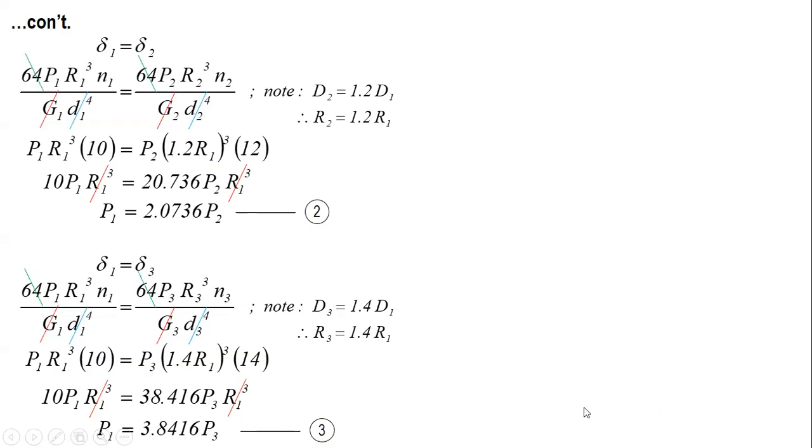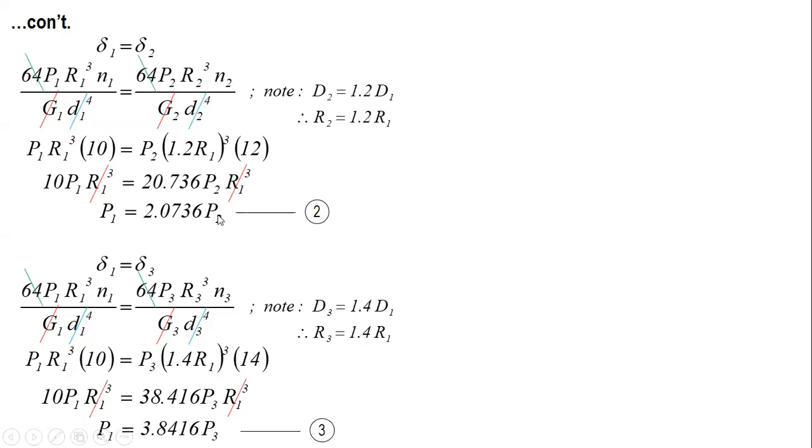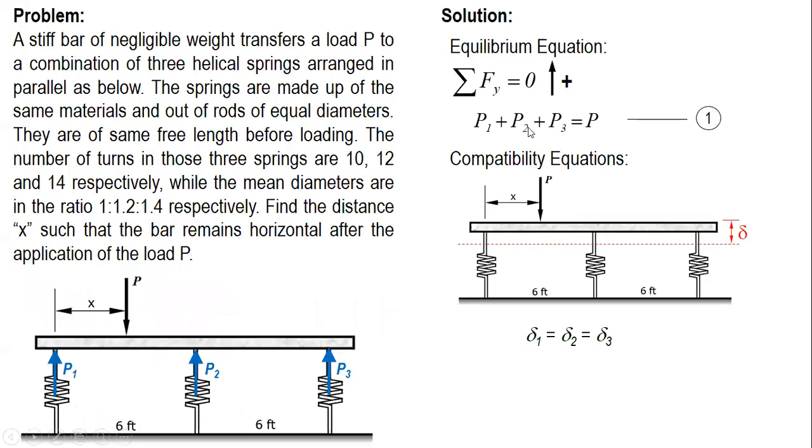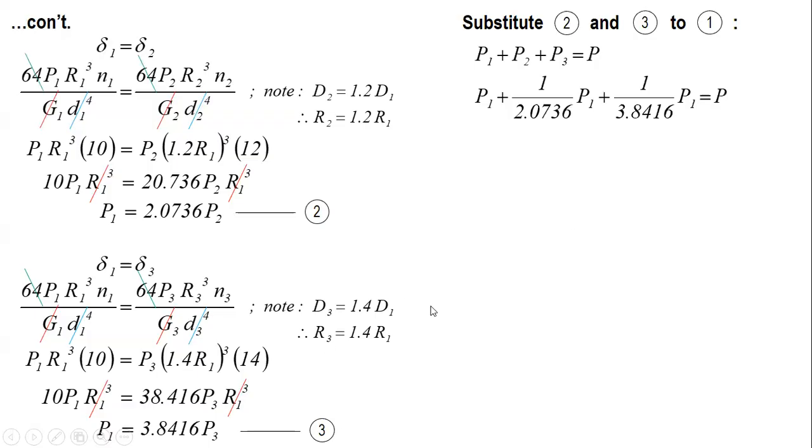So the next step is to substitute equations 2 and 3 to equation 1 so that we can express this equation in one unknown. So P2 will be replaced by P1, P3 will be replaced by P1 so that using equation 1, the only unknown is P1. Okay. So substituting equations 2 and 3 to 1, we have this one. Okay.